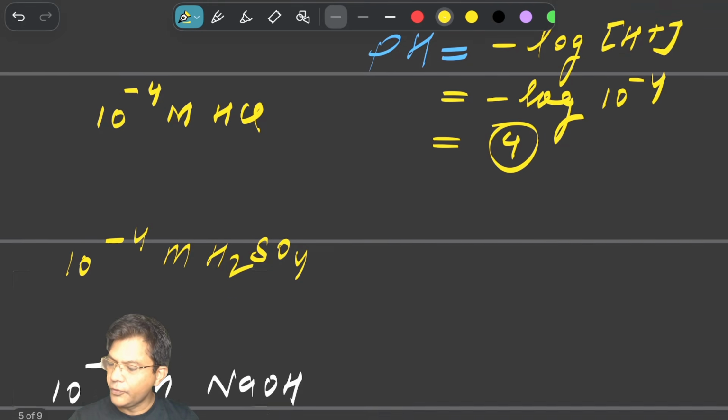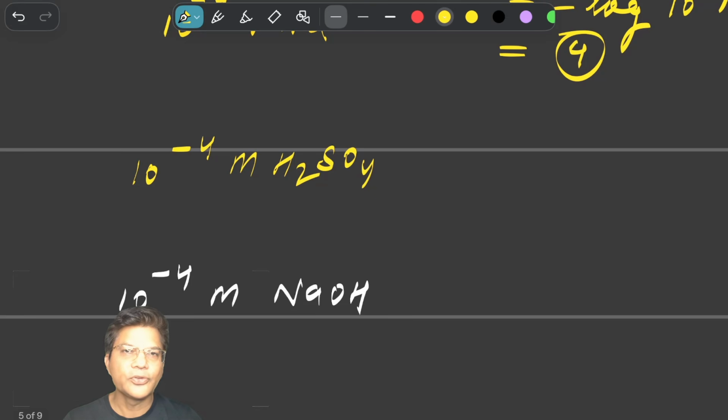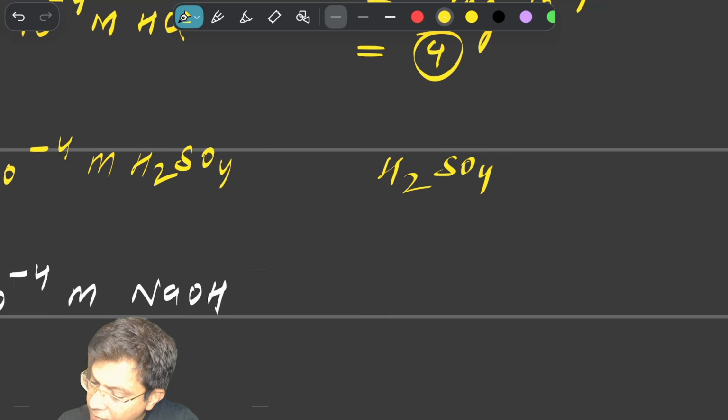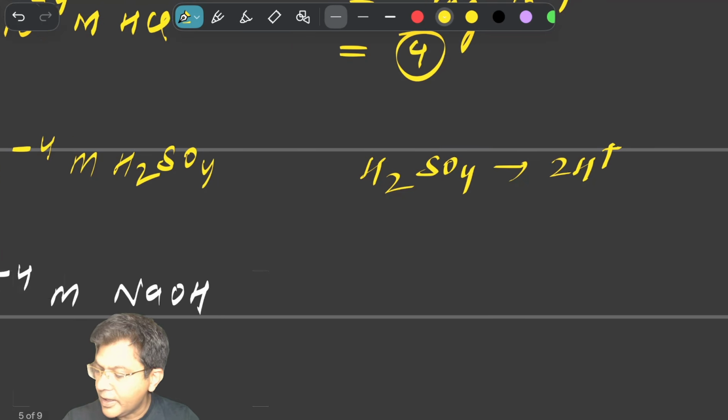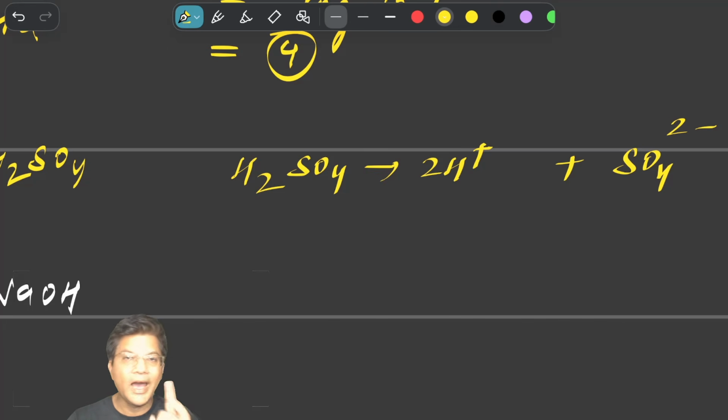Now H2SO4, you must be thinking that it will also be 4. No, my dear students. Remember that once the H2SO4 is going to break, it will break like this: twice of H plus it will give, and SO4 2 negative. We are not concerned with SO4 2 negative, but whatever the molarity of H2SO4 is there, it gives double the H plus ion, right?